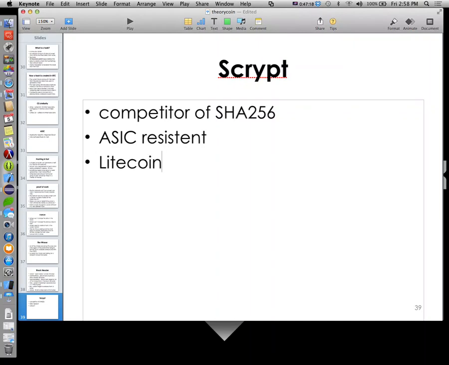Litecoin is based on Scrypt. So is another one called Dogecoin. And a bunch of other ones. But even this is getting out of hand. Now there's places that are coming out with super crazy fast Scrypt miners. So what's going to come out next?